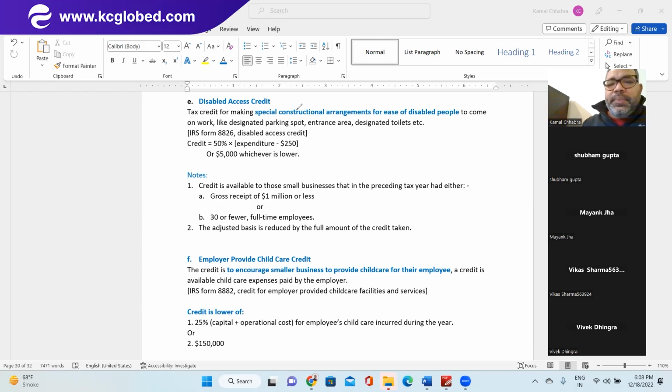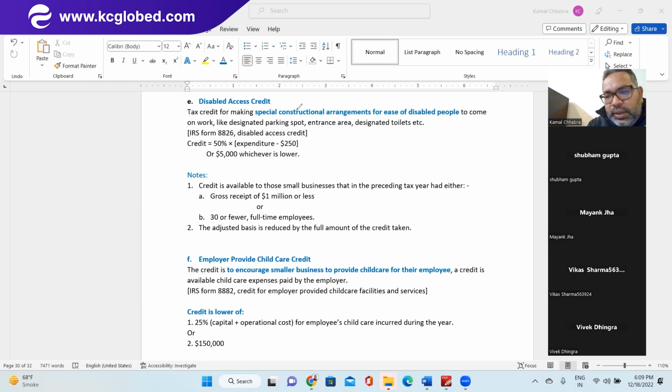Let's say, for example, you have opened up a shop. In that shop, you have created a separate area or entrance from where disabled people can come inside, and you have created a separate washroom for disabled people, right?